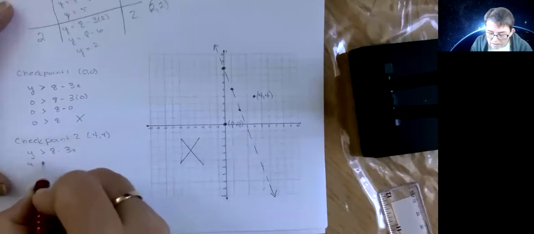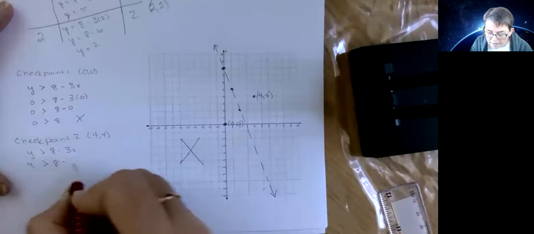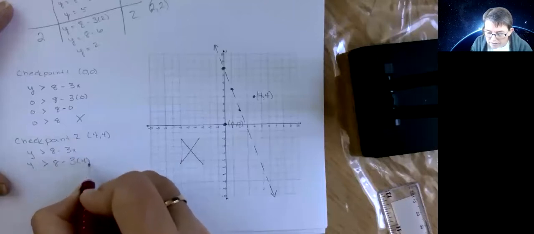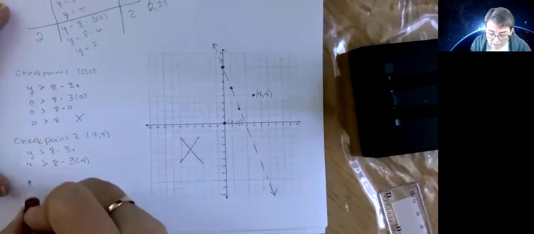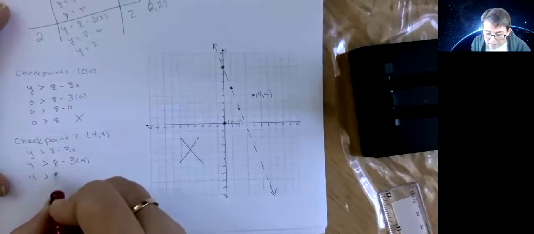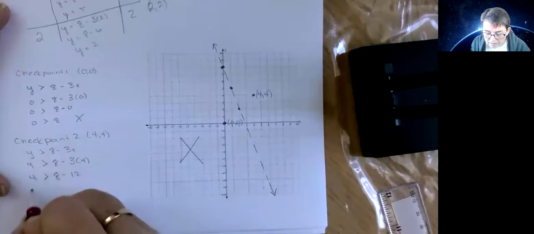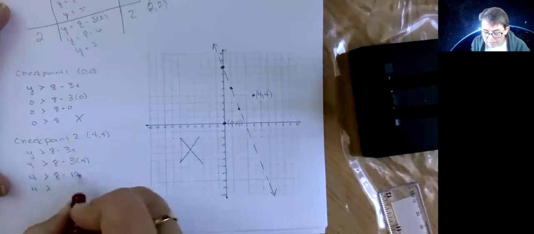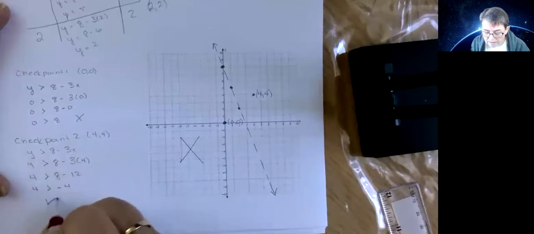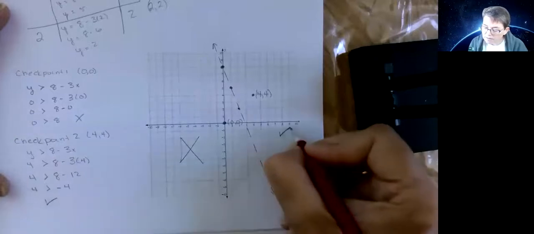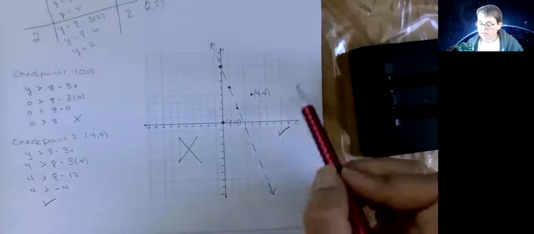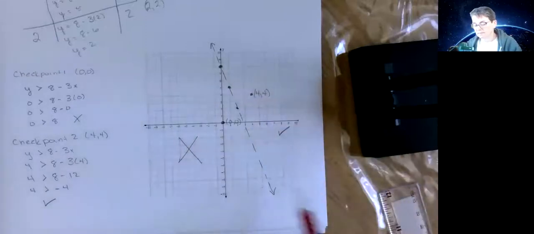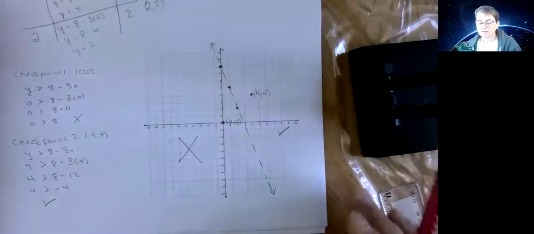So 4 is greater than 8 minus 3 times 4. See, I don't have to care which is the x and which is the y, because they're exactly the same. So 4 is greater than 8 minus 12, which is minus 4, and this is correct. So this is the correct side. So this side over here is my feasible region.